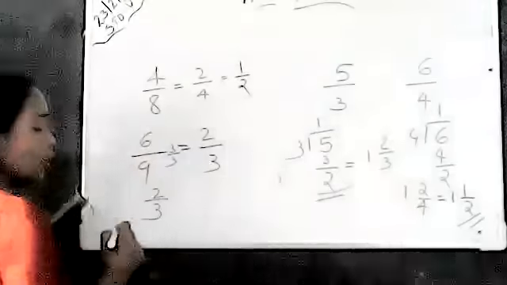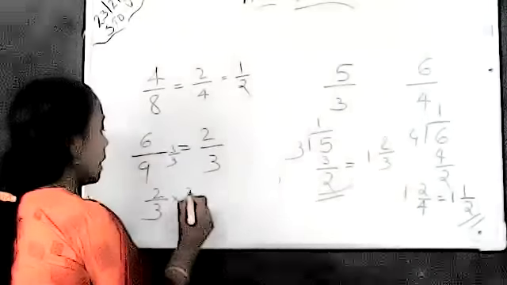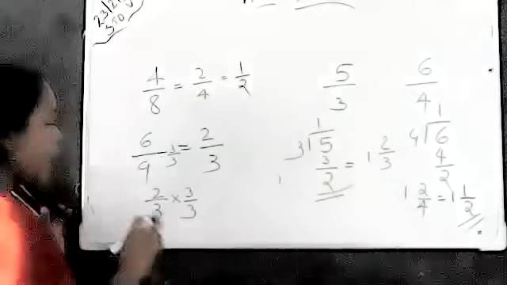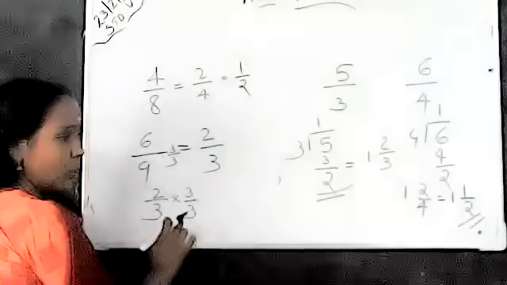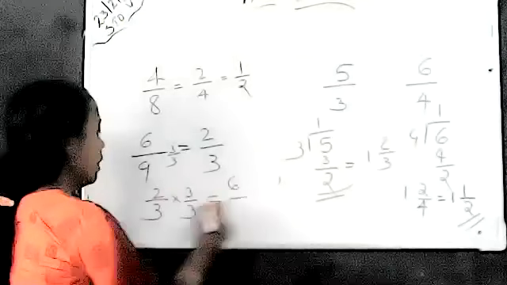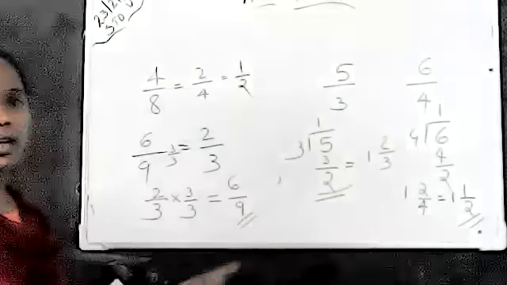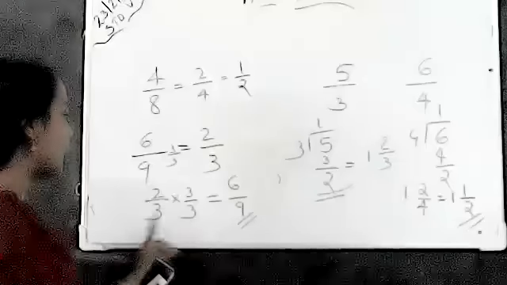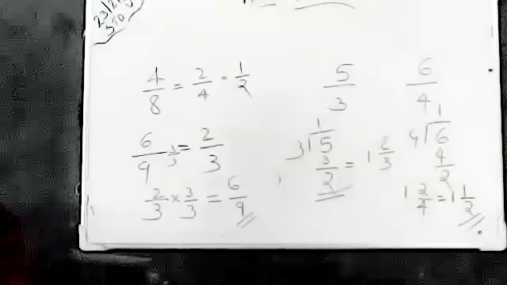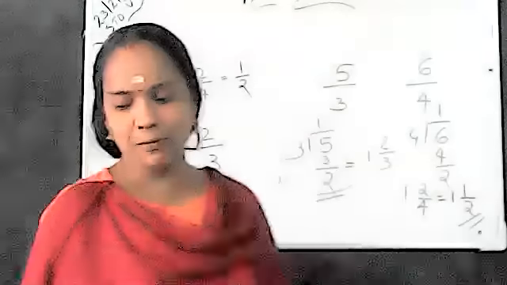The numerator and denominator are multiplied by the same number. 3 into 2 is 6, 3 into 3 is 9. So the equivalent fraction of 2 by 3 is 6 by 9. Understood? Questions like that in match the following, do it yourself. Okay.